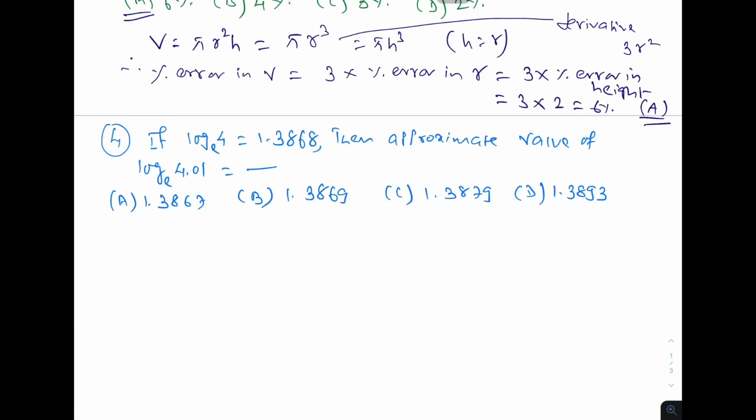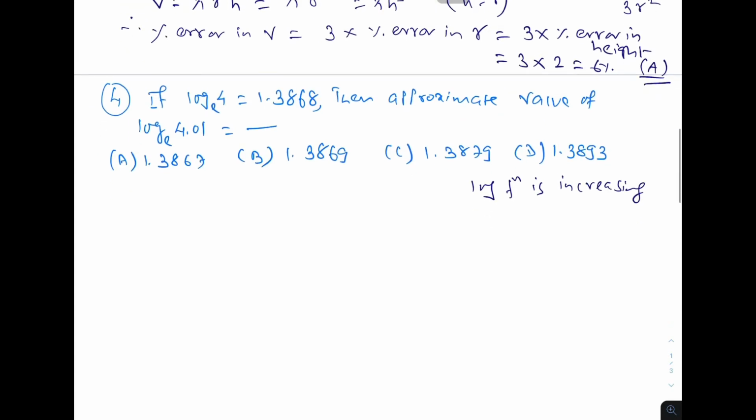You want log of 4.01. Now see, log function is increasing and log 4 base e is 1.3868, and therefore log 4.01 base e must be greater, maybe a little near, but greater than 1.3868. So that you should take care. So this A option will never be there. Okay.